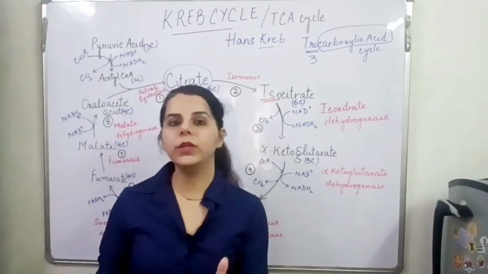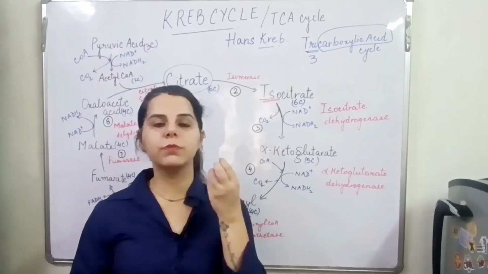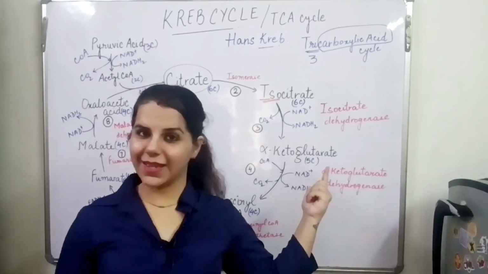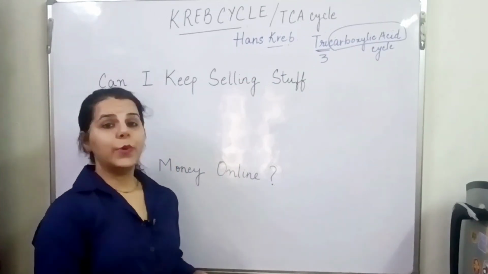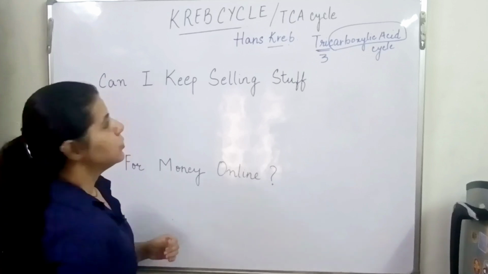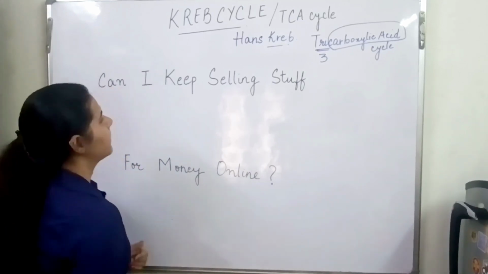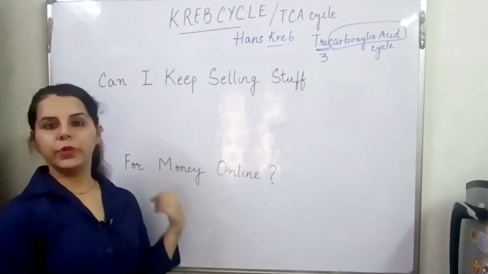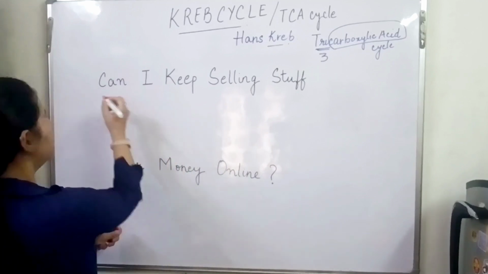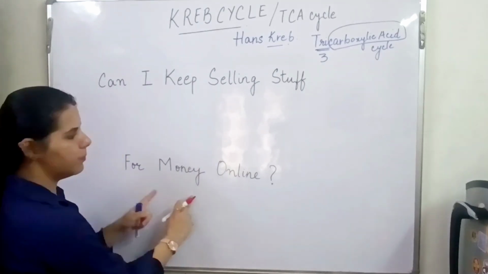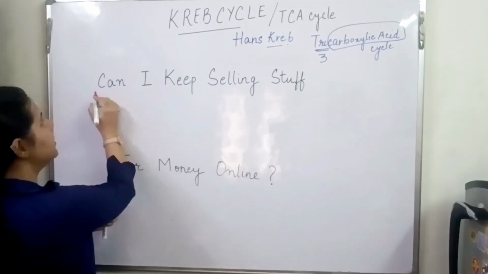So these are the names of the enzymes. Now I'm going to quickly discuss a small trick to remember all these steps of this Krebs cycle. So students, I'm back with this trick to remember the substrates, the steps for Krebs cycle. Now this is a simple mnemonic that I have formed. It says, can I keep selling stuff for money online? Can.